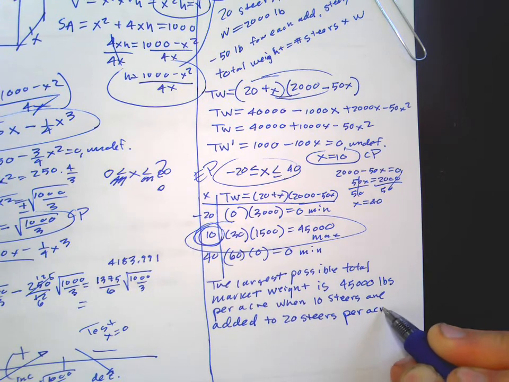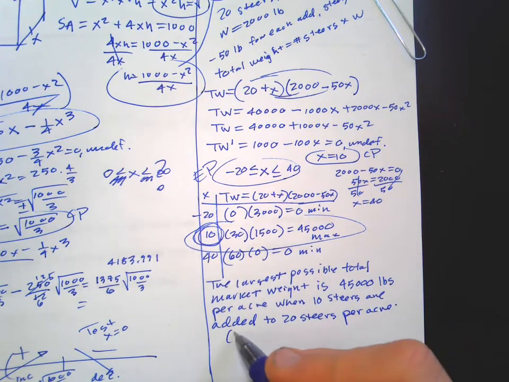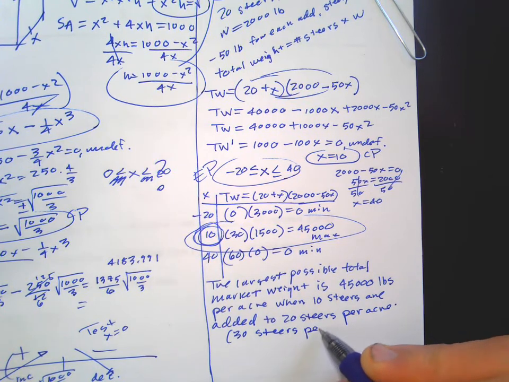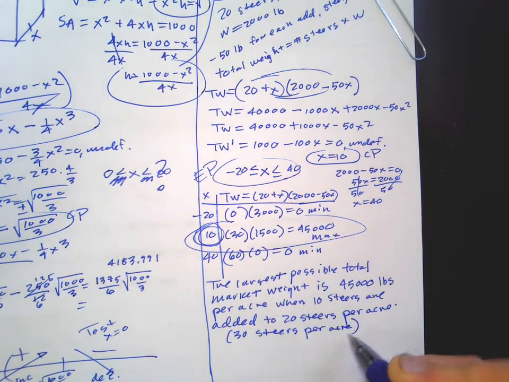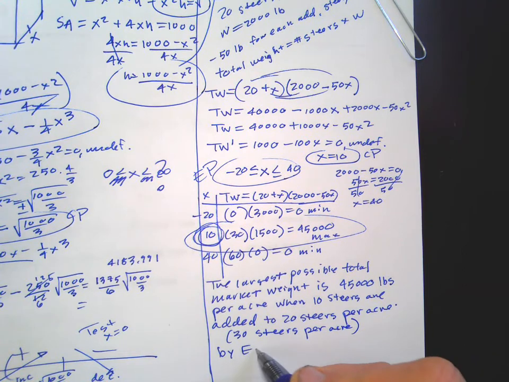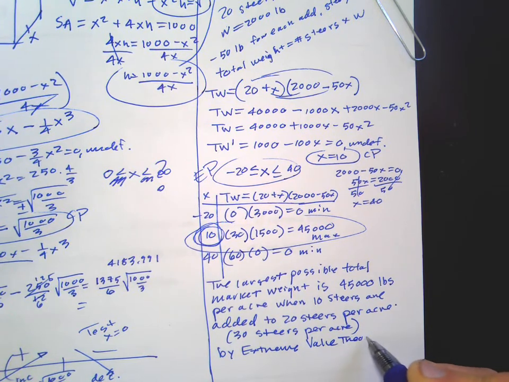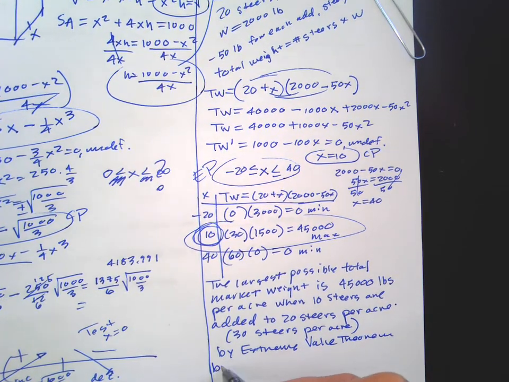So, in other words, 30 steers per acre. By extreme value theorem, by checking endpoints and then critical points.